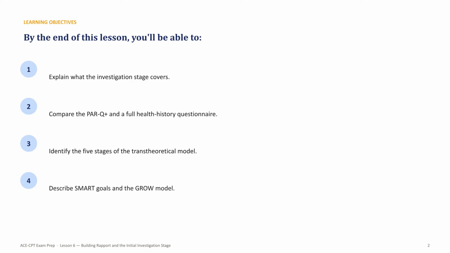Third, you'll be able to identify the 5 stages of the transtheoretical model, the framework ACE uses to describe how ready a client is to change their behavior. And fourth, you'll be able to describe SMART goals and the GROW model and how the two work together. Keep these in mind as we go. Everything in this lesson builds toward one idea: know the client before you program for the client.